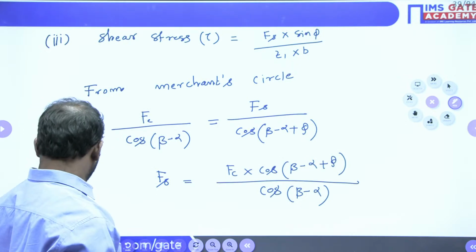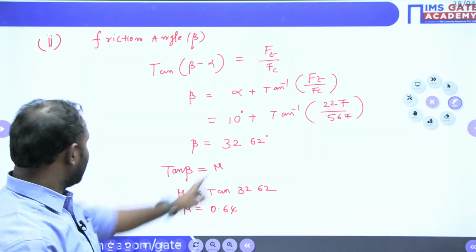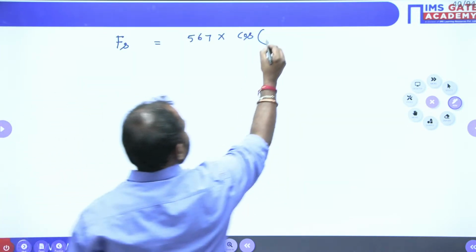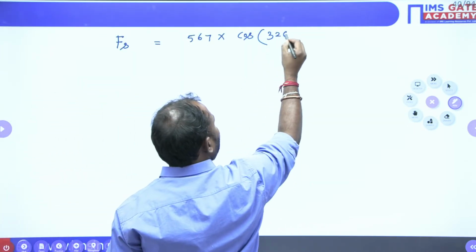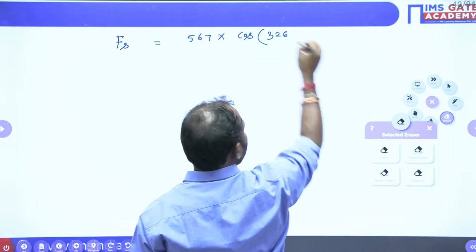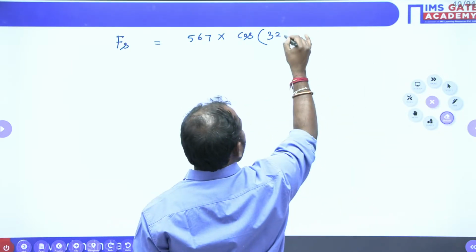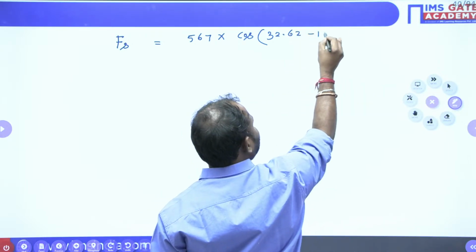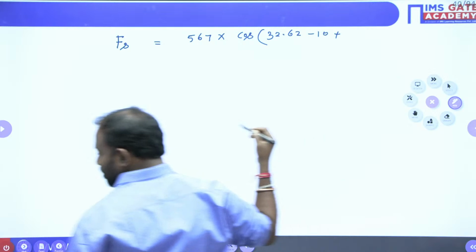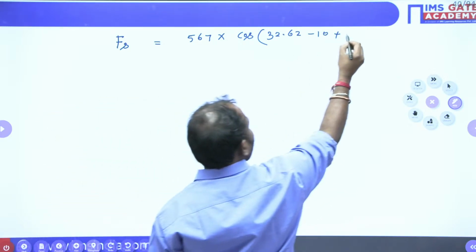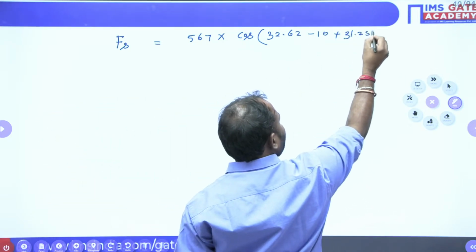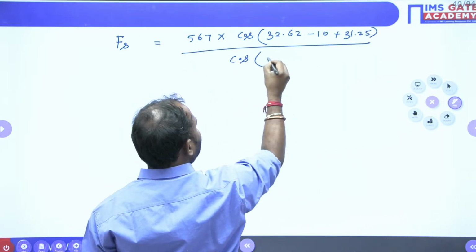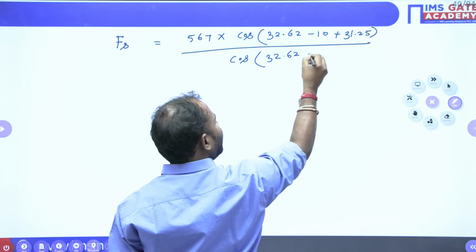Beta we got 32.62. 32.62 minus 10 plus 5, that is 31.25, divided by cos of beta minus alpha, that is 32.62 minus 10 degrees.